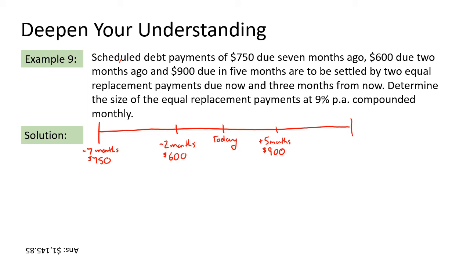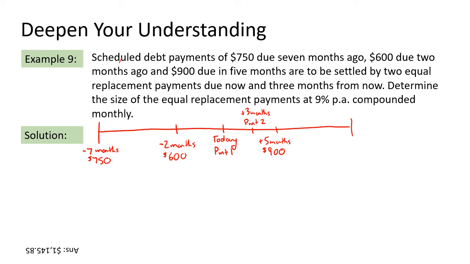One today, so we'll call that payment 1, and 1 3 months from now. So plus 3 months, I'm going to call that payment 2. So we have 5 different payments being shown, the 3 that you were scheduled to pay, and then the 2 that you're trying to consolidate that into.